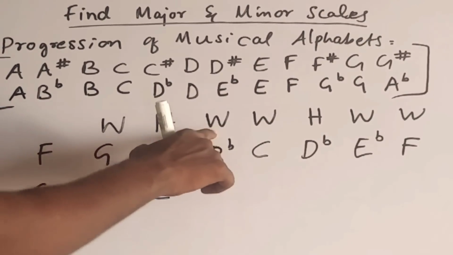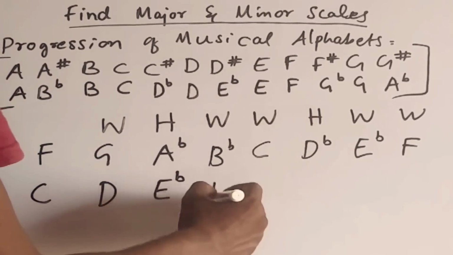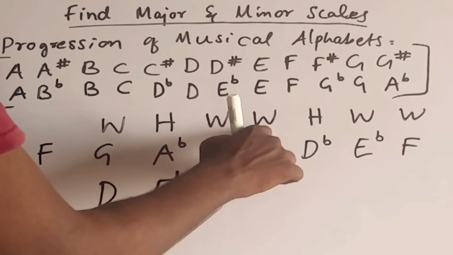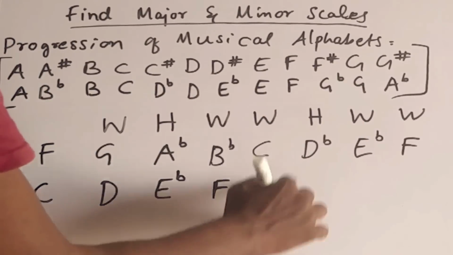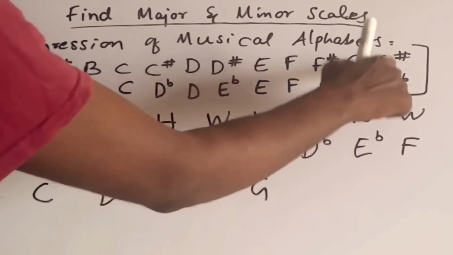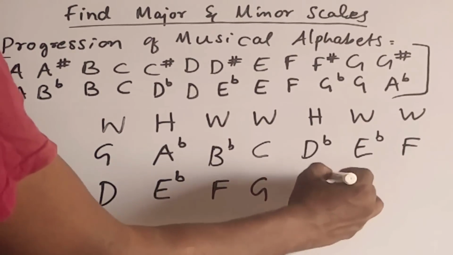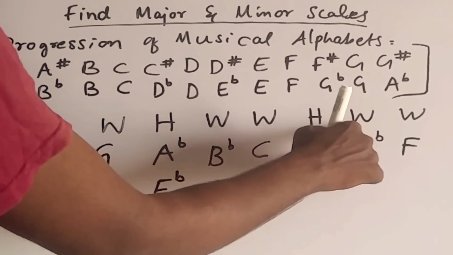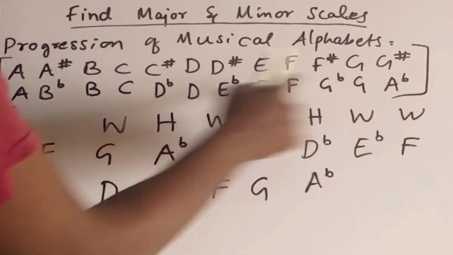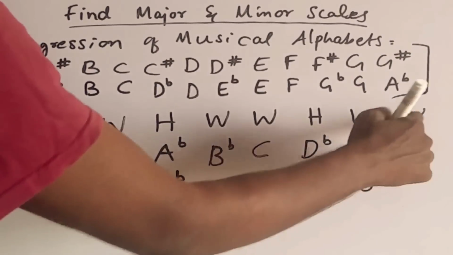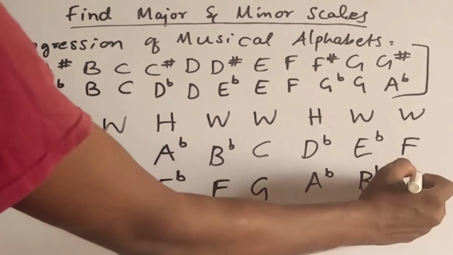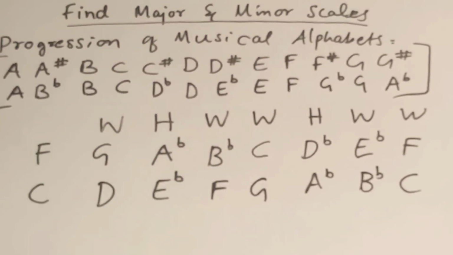The whole step from E flat is F. The whole step from F is G. The half step from G is A flat. The whole step from A flat is B flat. The whole step from B flat is C. Then that is the C minor scale.